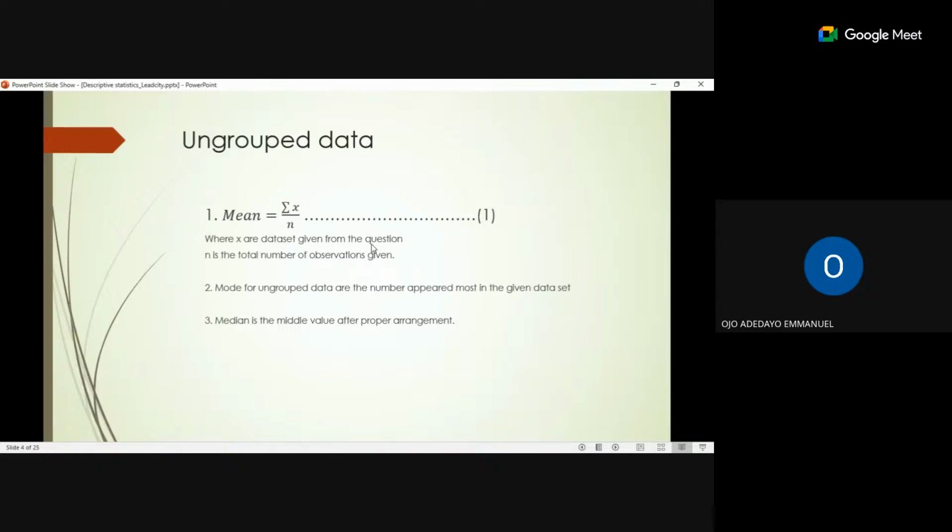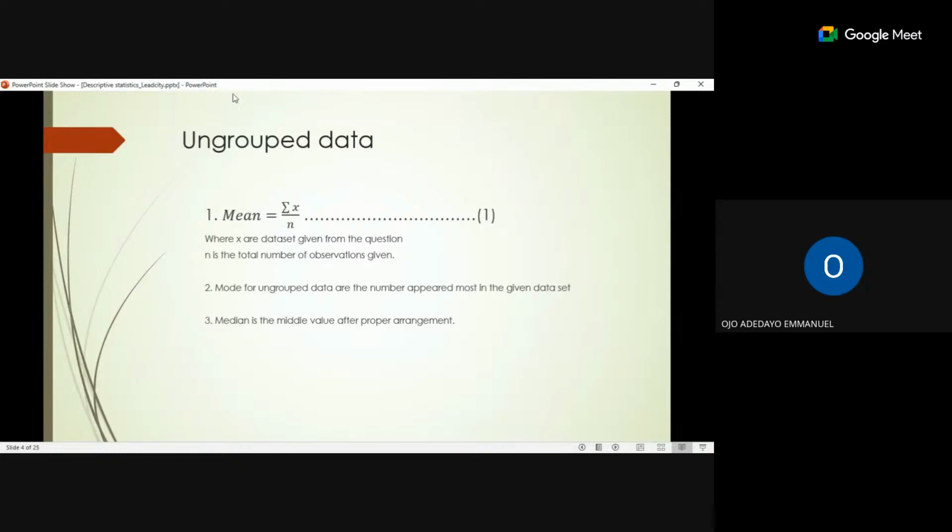Let's say you are given a question with a sample of the blood pressure of 10 students. Each one is an x: student 1, student 2, student 3, student 4. They are the data we have for their blood pressure. When you add the 10 blood pressures together, you have the numerator, which is summation x.